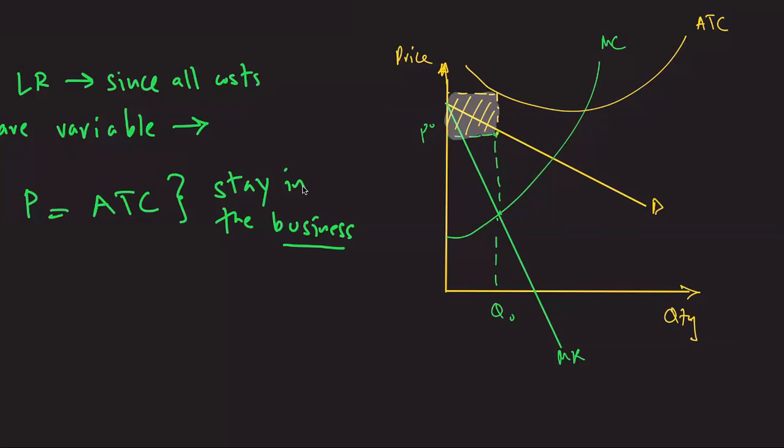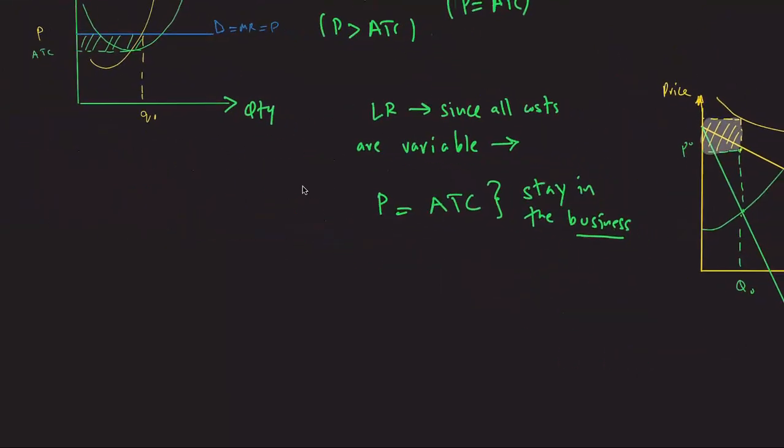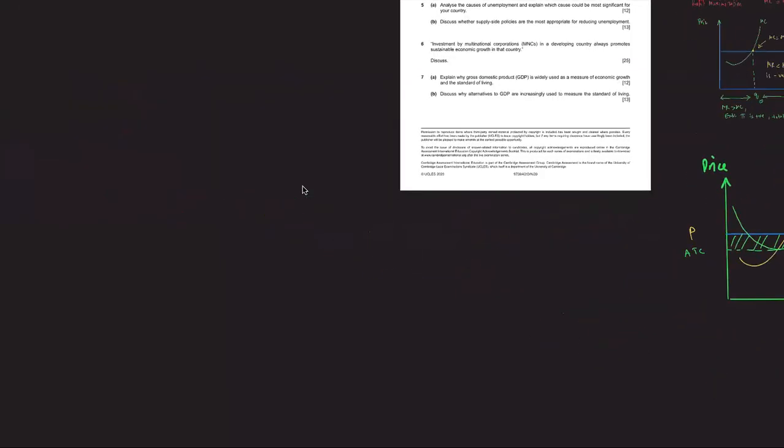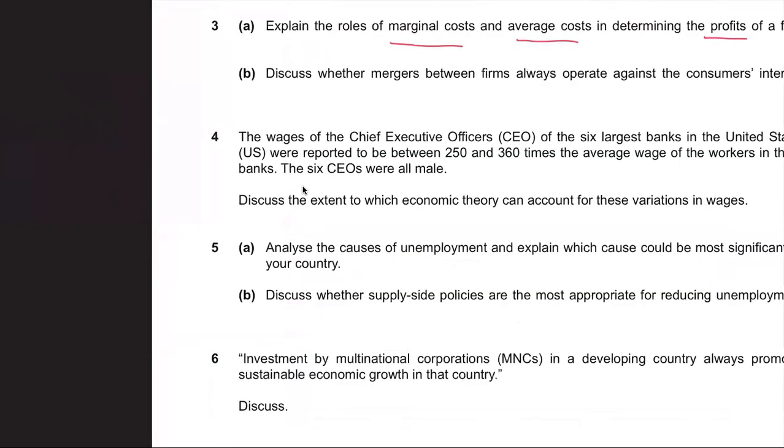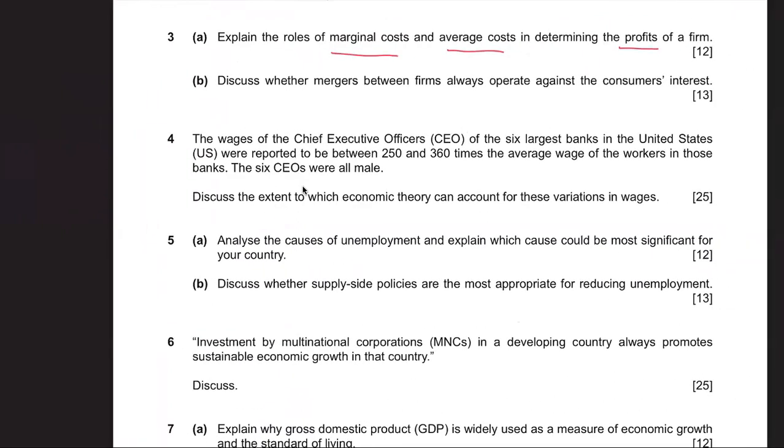Got it? So ATC's got a point for us because the ATC will tell us whether we should produce in the long run or not. Are we going to move on? Guys, 3B. Okay, discuss whether mergers between, so basically this is a question about pros and cons of monopoly.